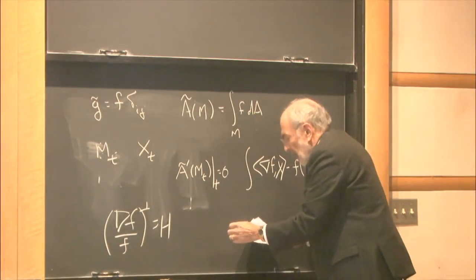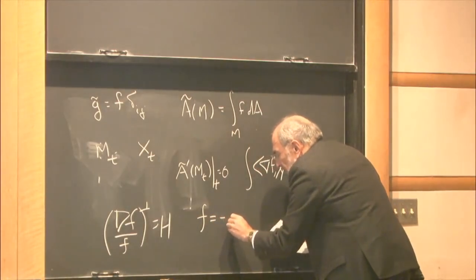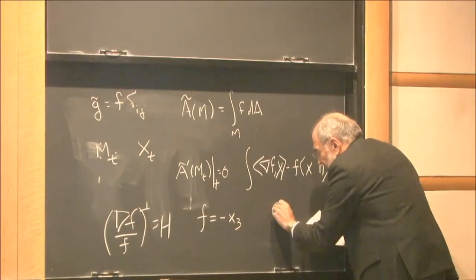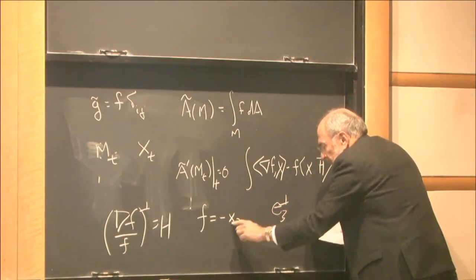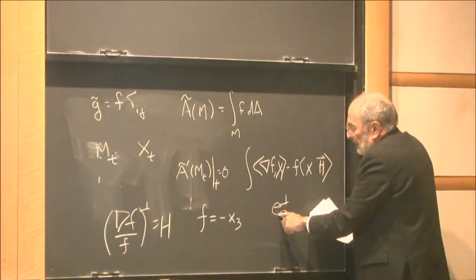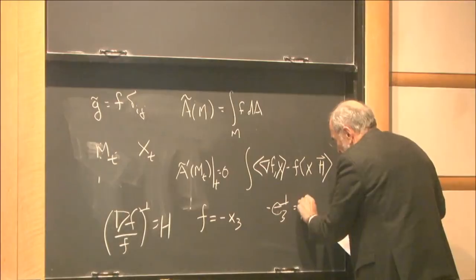And now if I choose f equal minus x3, I get the equation that E3 perp, this is the vertical component, this is the unit vector in the vertical direction, equals h.